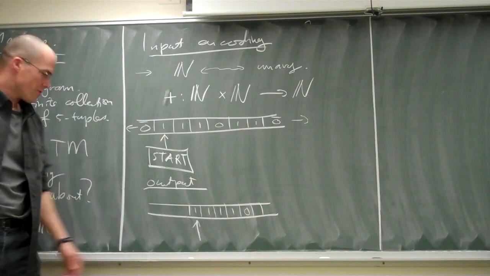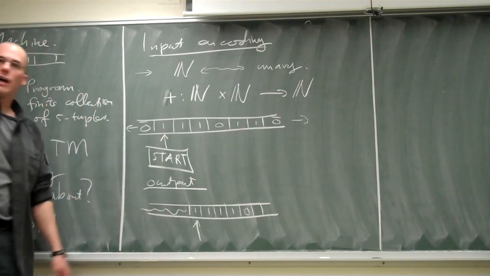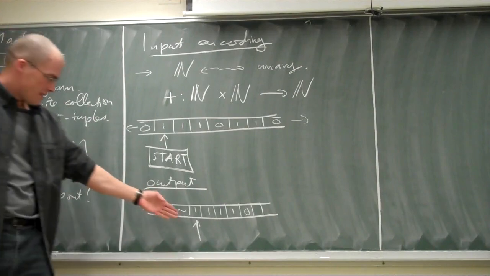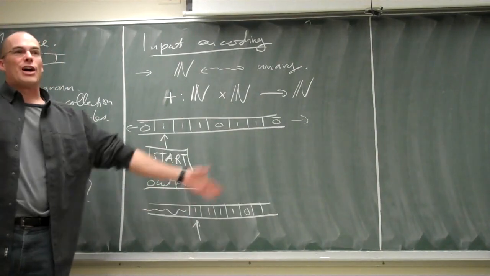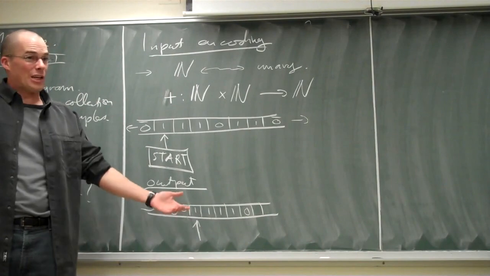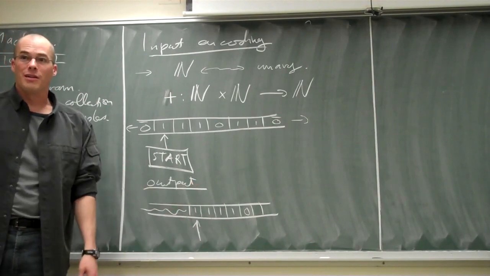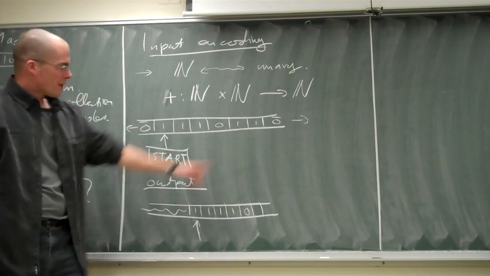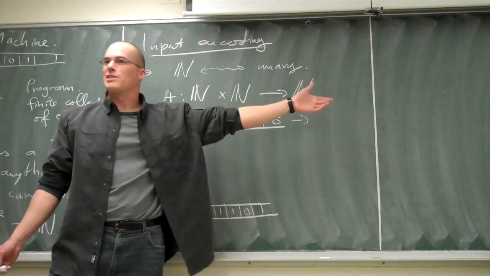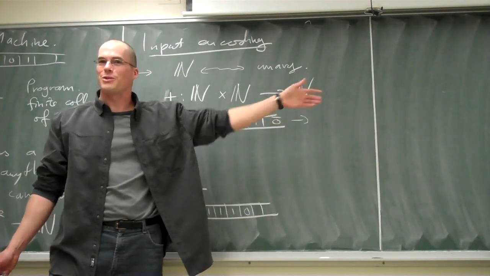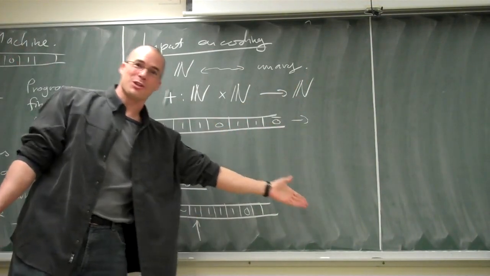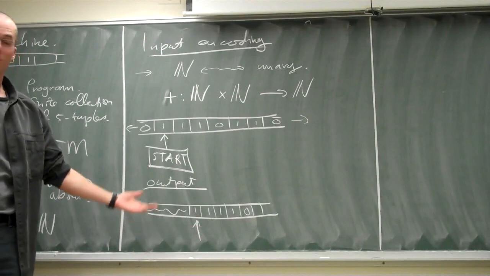This would be encoded by 4. There can be other stuff here, but the particular choice for output encoding I made is: look at the head location, then count the number of ones, and then you always get a natural number out of it, presuming there's a 0. But that'll work out because there's infinitely many zeros. I said my Turing machine always needs to halt, so it only touches finitely many cells on the tape, so there always is a 0 at some point, so this is an appropriate output encoding.